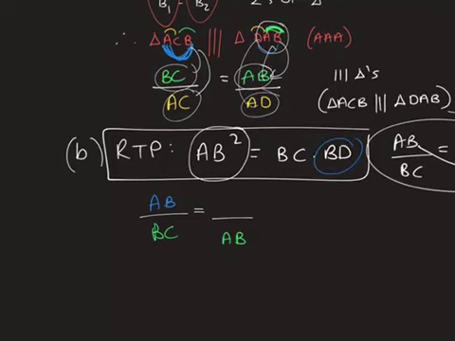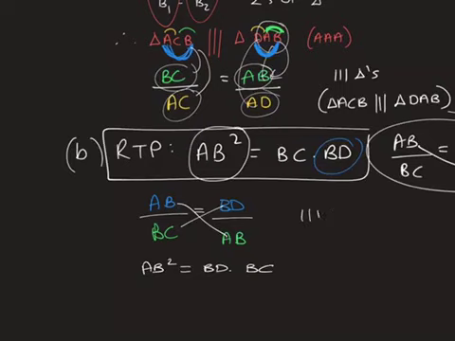And yes, it is. It's the big loop on the second triangle. DB or BD is the same thing. So then that's not what the question asked. The question asked us to prove that we could get them in this orientation. So yes, AB squared equals BD times BC, or BC times BD.